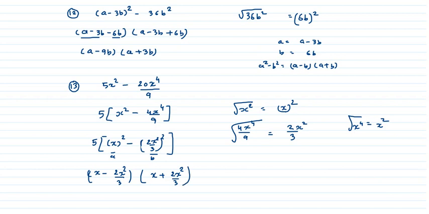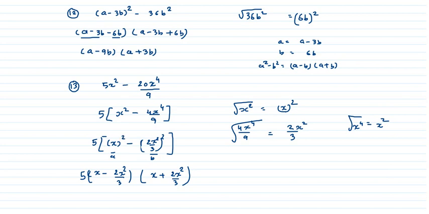Okay, so what we did here: first you have to take out 5 as a common value. So here also I have to mention 5. Okay, so 5 is a common value. Now what you are left with is x square here. Here you have to take out the 5. So 5 4s are 20, that means you are left with 5 x raised to 4 upon 9. Here see, x is (x) whole square.